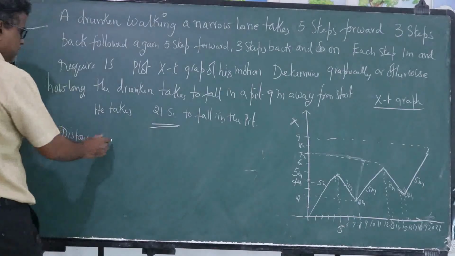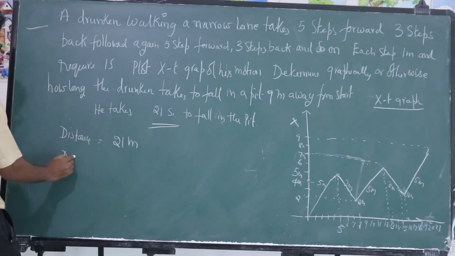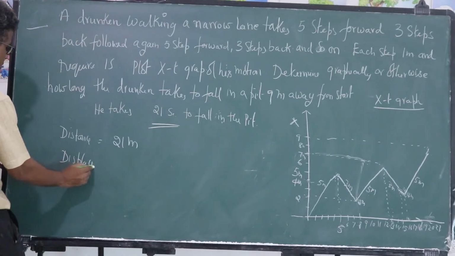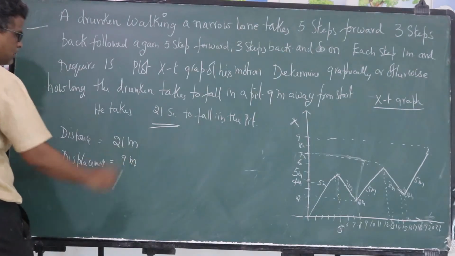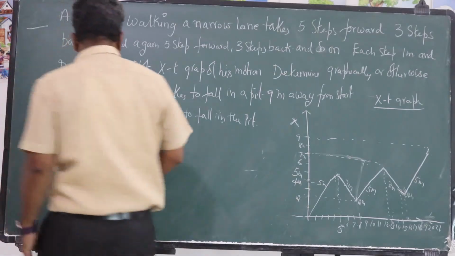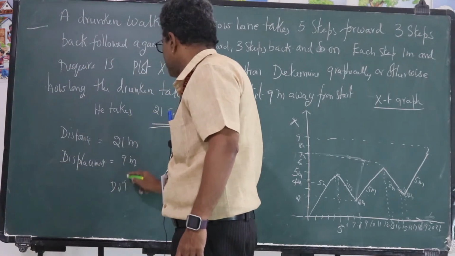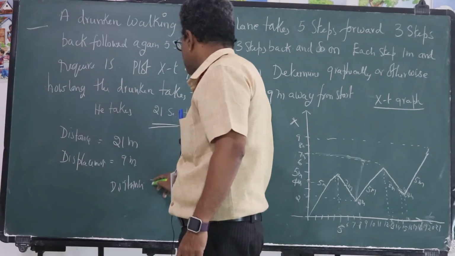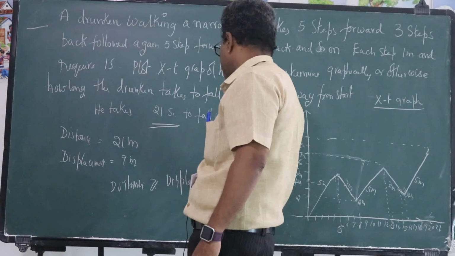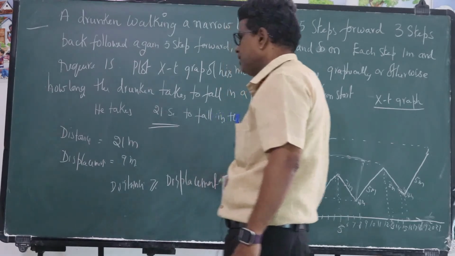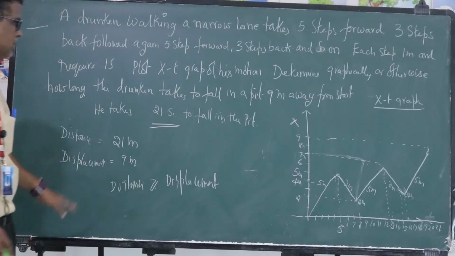So the distance traveled is 21 meters. What is the displacement? Displacement is 9 meters. So the distance traveled is always greater than or equal to the displacement. These are the points we can conclude.